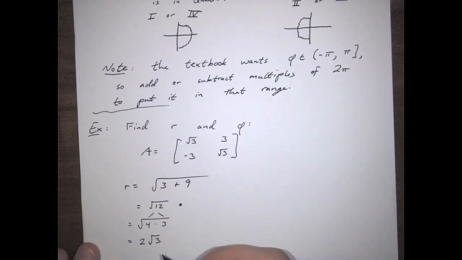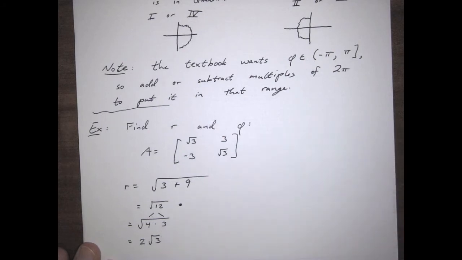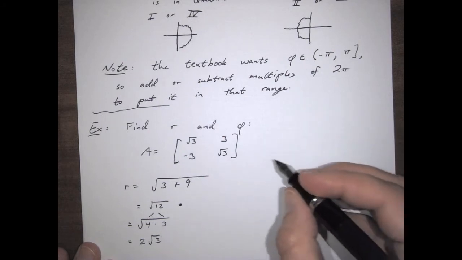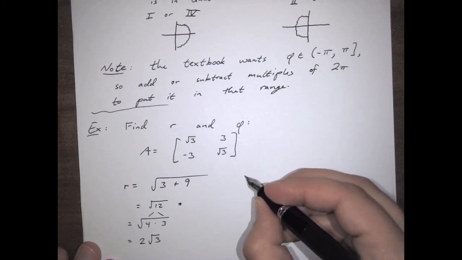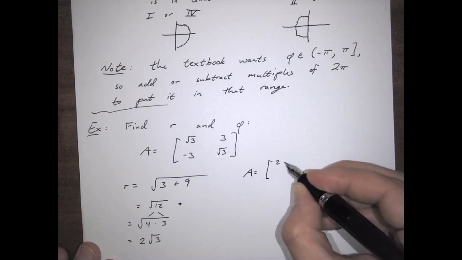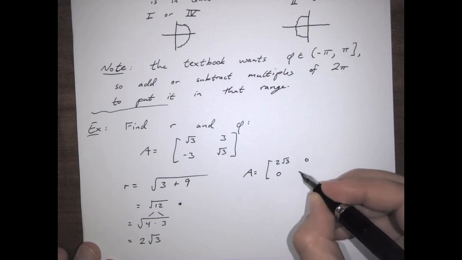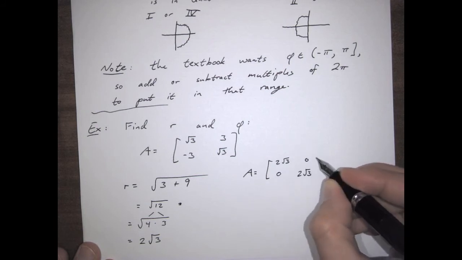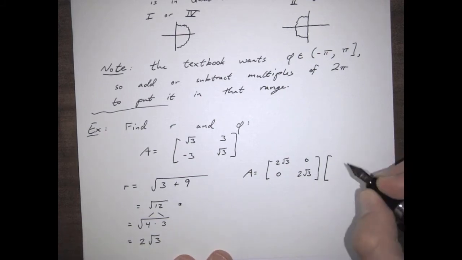Okay, so be it. So then if I pull out 2 root 3 from this, then I'll get A equals 2 root 3, 0, 0, 2 root 3, and then times right here.